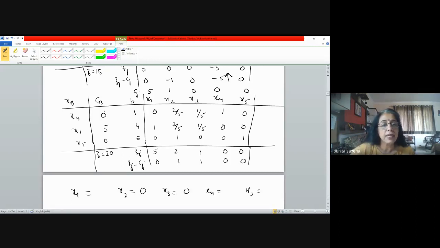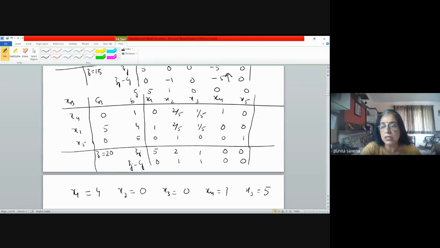And non-basic variables have the value 0. Fine. Then for basic variables, the optimal solution is read from the column B of the optimal table. So x1 will take on the value 4, x2 is 0, x3 is 0, x4 is equal to 1, and x5 is equal to 5.